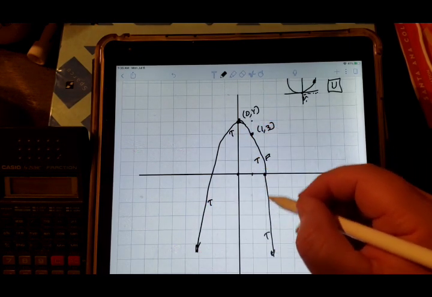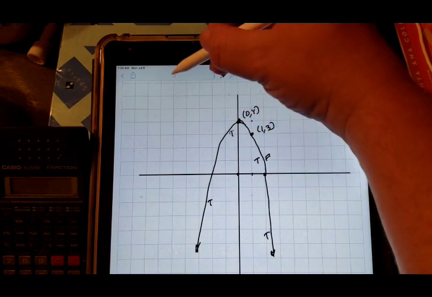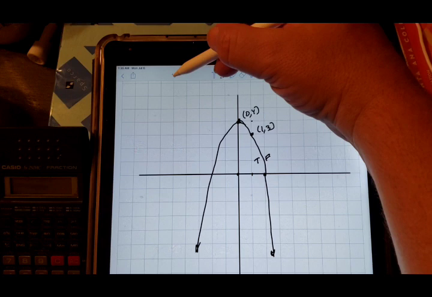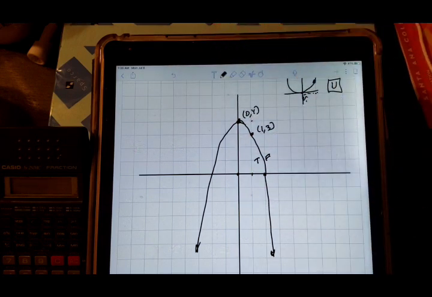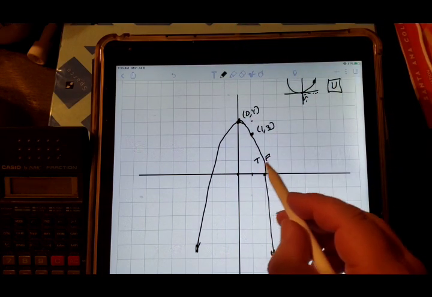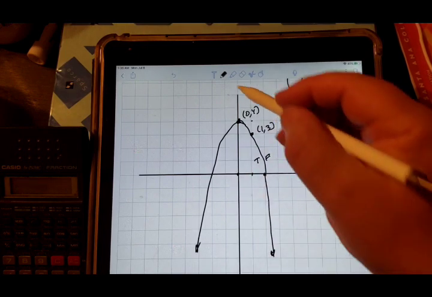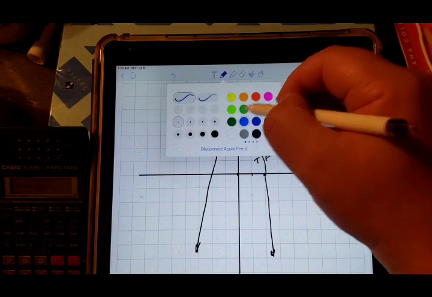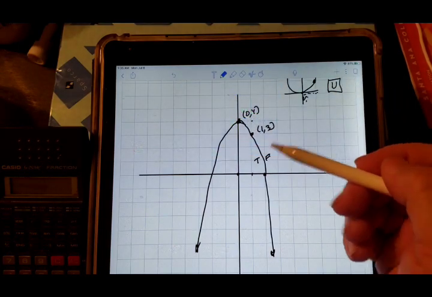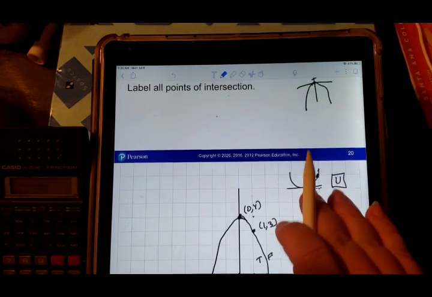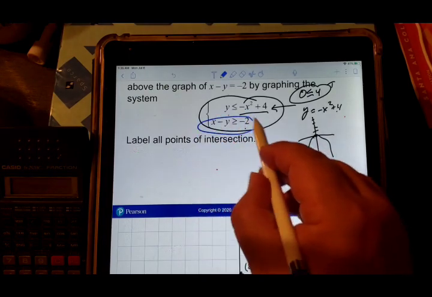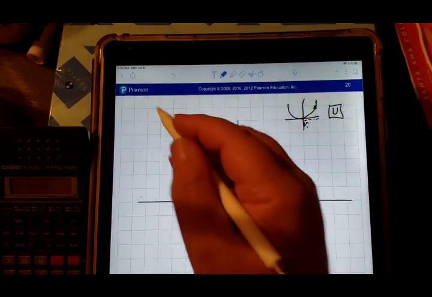At the moment, I don't know which one of those are going to be helpful, and I'll explain that in a moment. So I'm just going to do it once for now, and I'll add more of them later if I need to. All right, so that's that. I have that part drawn. So in blue, I'll draw the line, and the line is x minus y is greater than negative 2.